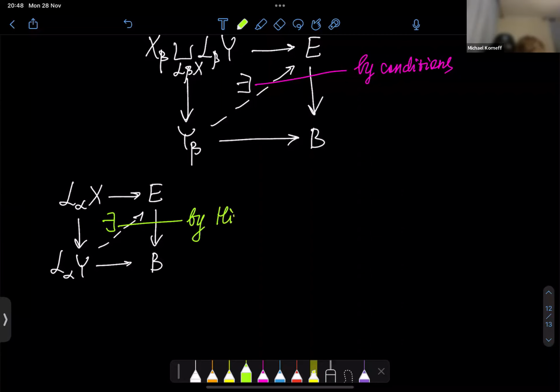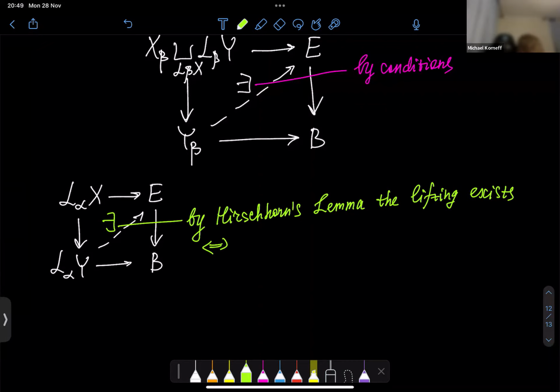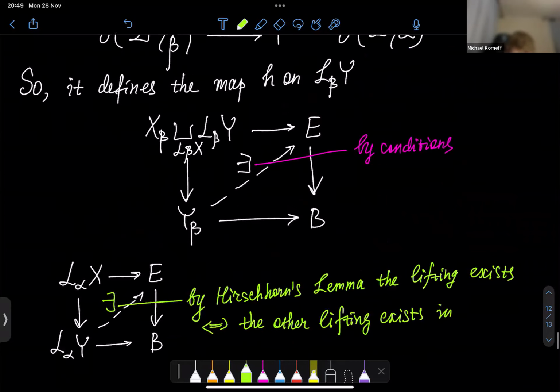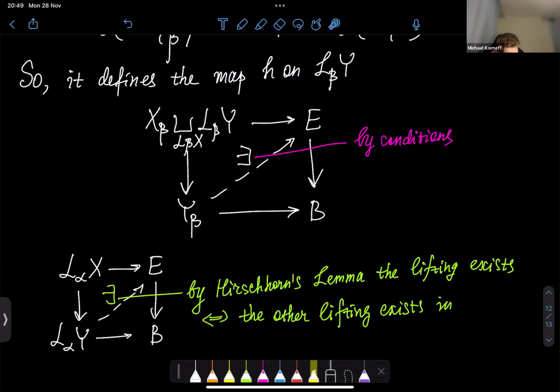So by Hirschhorn's lemma, the lifting exists if and only if the other lifting exists in the diagram above for any beta which has degree less than the degree of alpha.